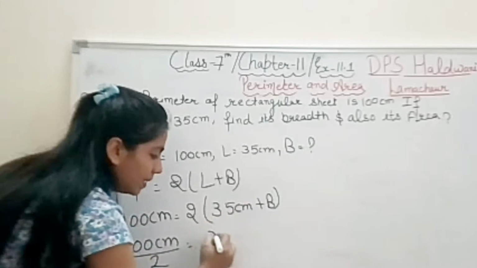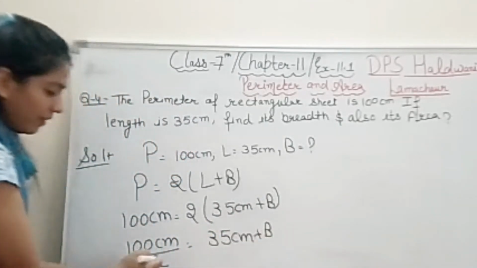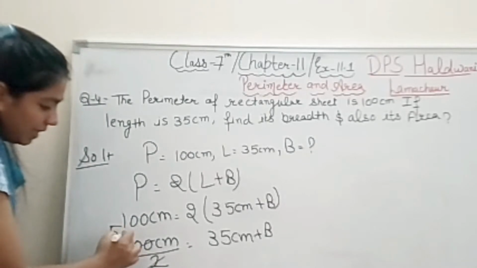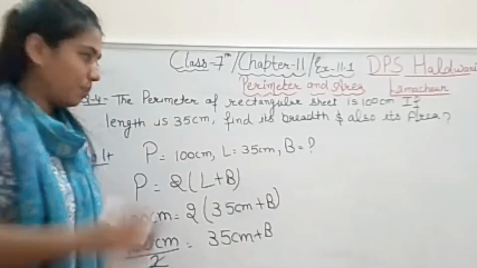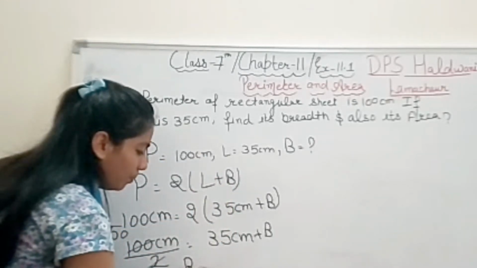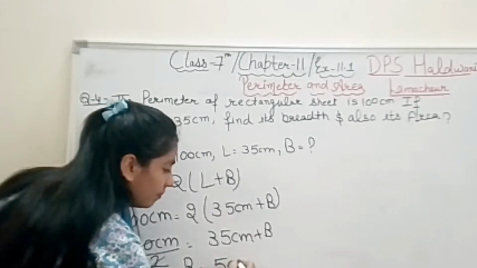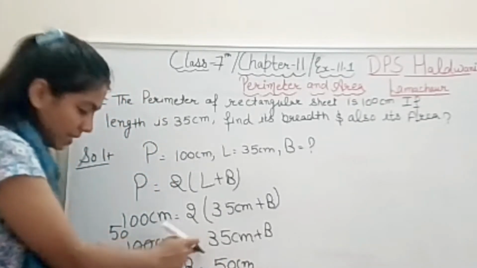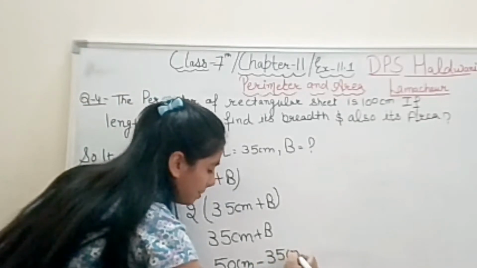Here what is left? The full term, 35 centimeter plus breadth. So when you solve it, it becomes 50. So 50 centimeter equals 35 centimeter plus B. Now we need to find out B. B will remain here only. This 35 is plus, so when it goes to that side it becomes minus, so minus 35 centimeter.